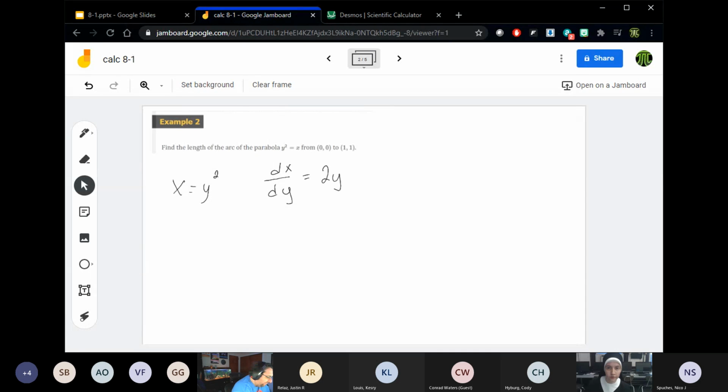So then we're going to plug into my formula. So I have the integral. Now we're using the y values, but in this case, it doesn't really matter because they're the same as the x and the y. So it's 0 to 1, and it's the square root of 1 plus the 2y squared, which would be 4y squared, and it's dy.